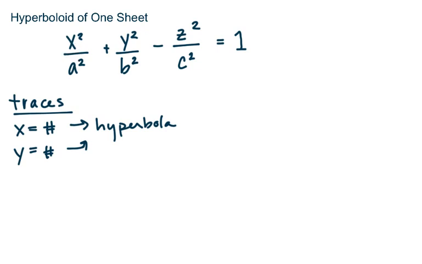Turning this into a constant, x squared minus z squared, I have a hyperbola in the xz plane. What happens if I let z be equal to a number? That turns this into a constant, goes away, and I'm left with an ellipse. So if z equals a number, then I have an ellipse.